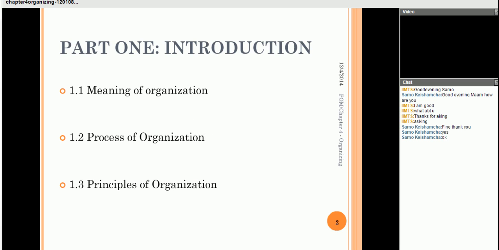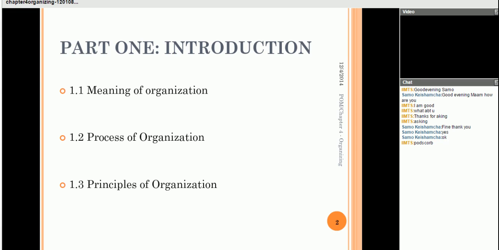Organizing is the second function of management. The functions of management are known by the acronym POSCORB. So P for planning, O for organizing. This O, organizing, is the second important function of management.